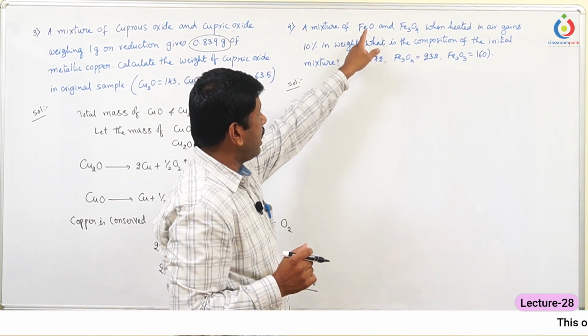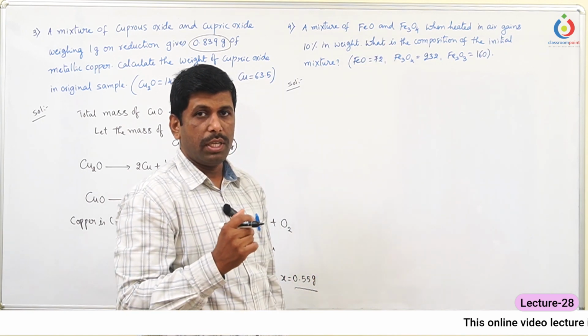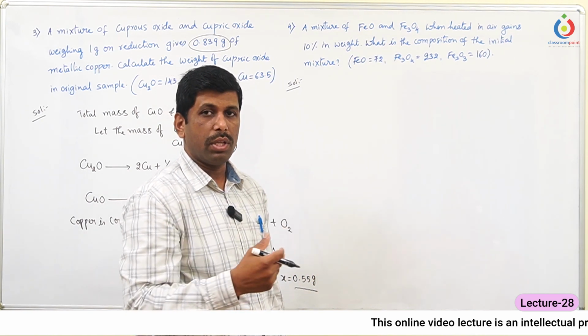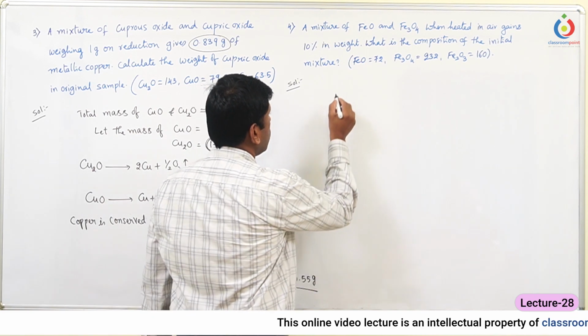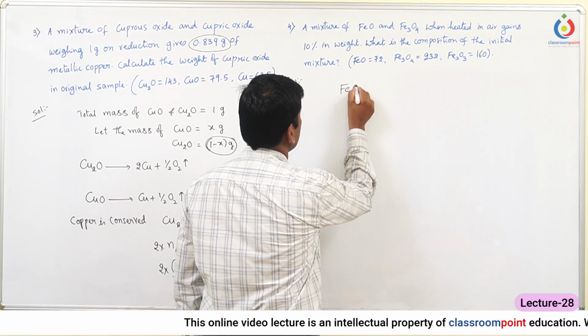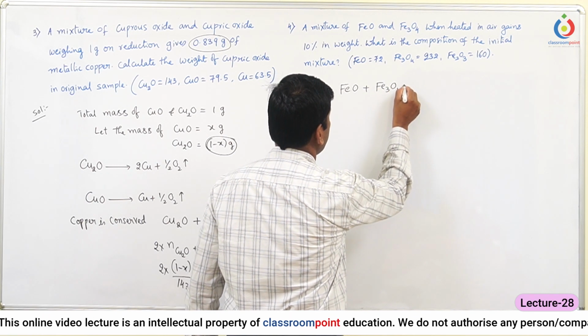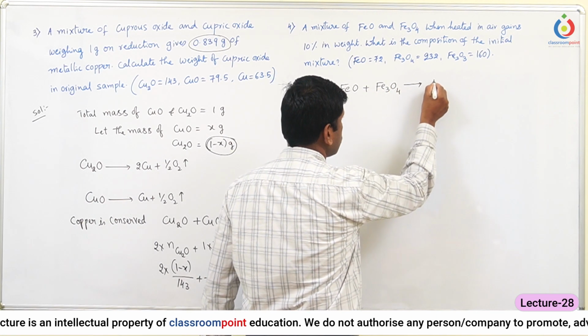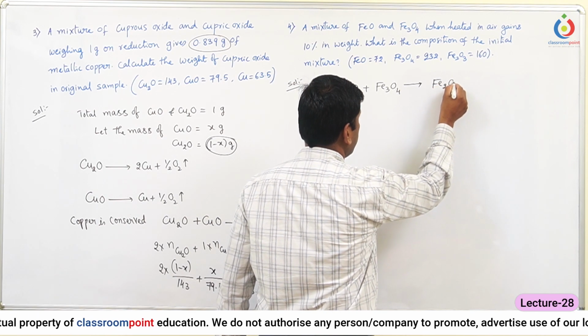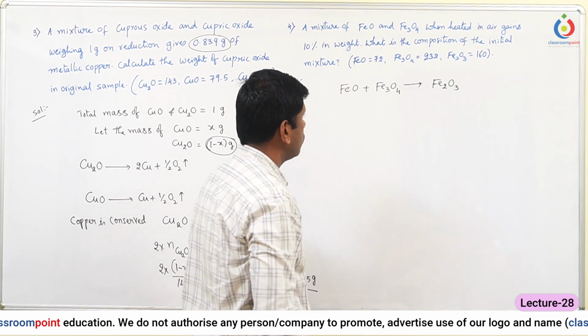Actually, whenever the mixture of FeO and Fe3O4 is heated, both convert to Fe2O3 only. So here we can write FeO, Fe3O4 giving Fe2O3.